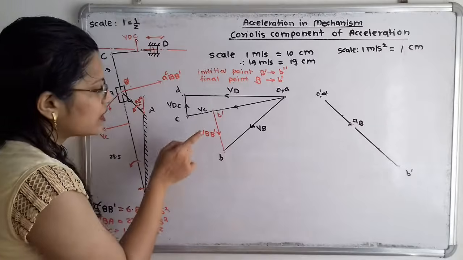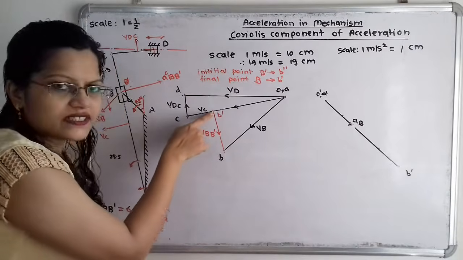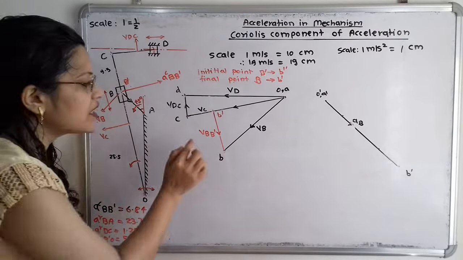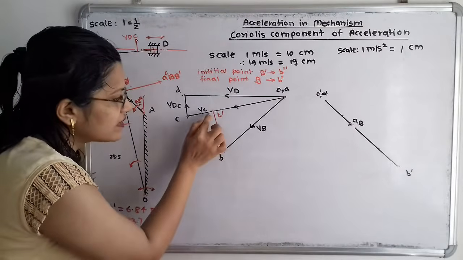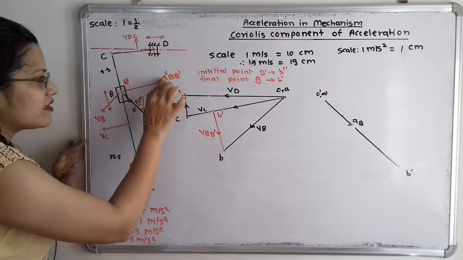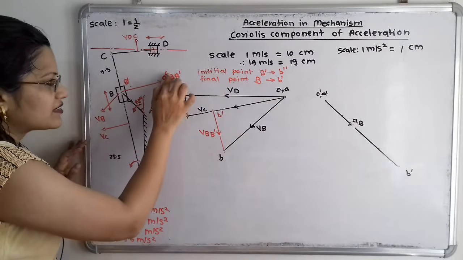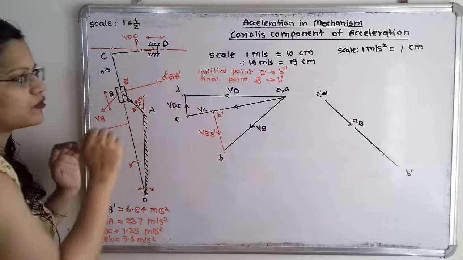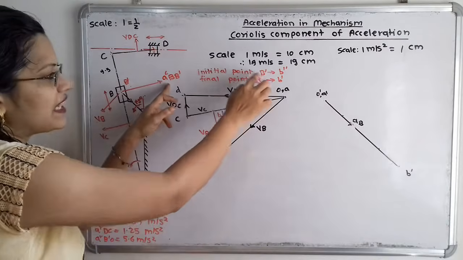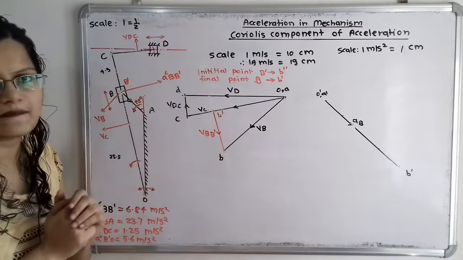So if we observe here, the B dash is the initial point and B is the final point. And how we read this? The velocity of B with respect to B dash. In the same way, we have to write here the Coriolis component of acceleration of B with respect to B dash. That means here the initial point is B dash and final point is B.